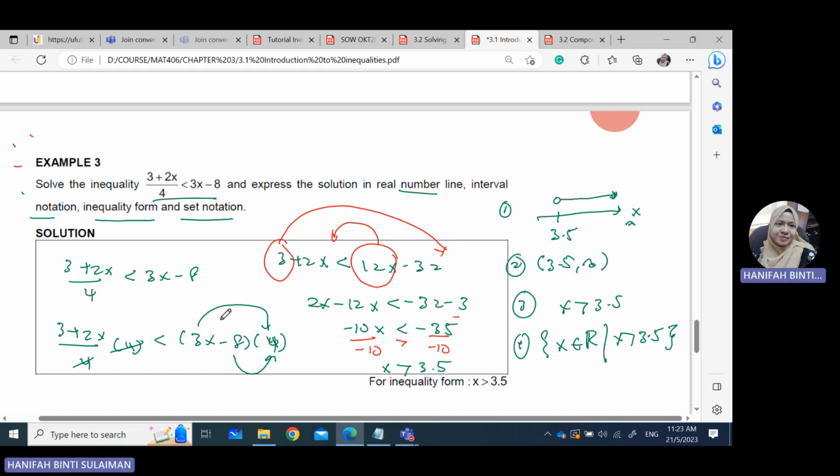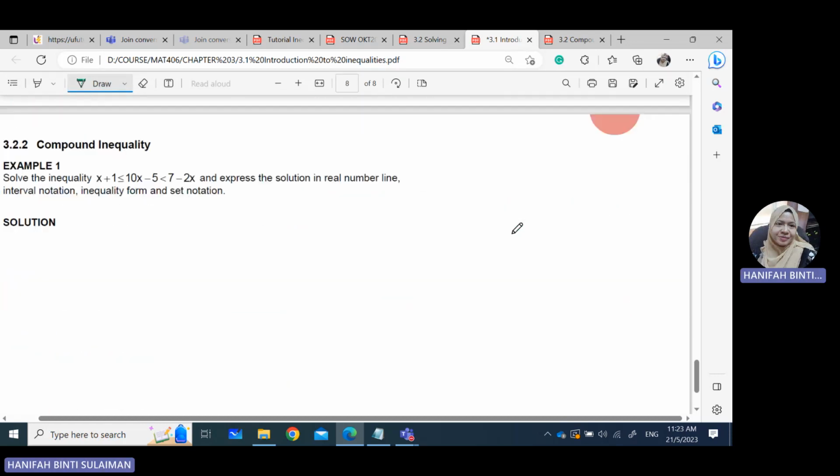Okay. So ada apa soalan untuk example 3? Tak ada. So next kita tengok compound inequality. So compound inequality begini keadaan dia. So solve the inequality x plus 1 less than or equal to 10x minus 5 less than 7 minus 2x.